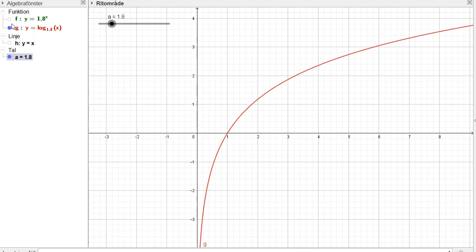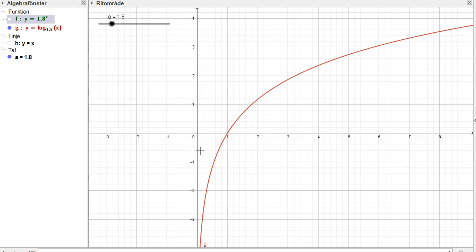A while ago, our intercept was y for the exponential function, but for the logarithmic function, our intercept now is the x-intercept when y is equal to 0. And as you can see also, it never touches the vertical axis, or x is equal to 0.